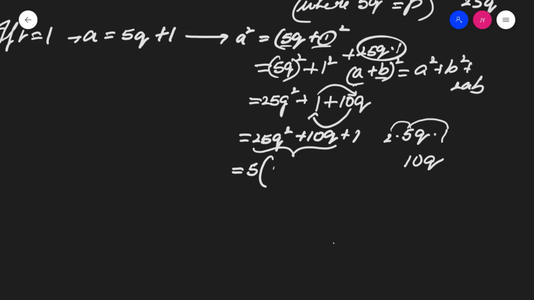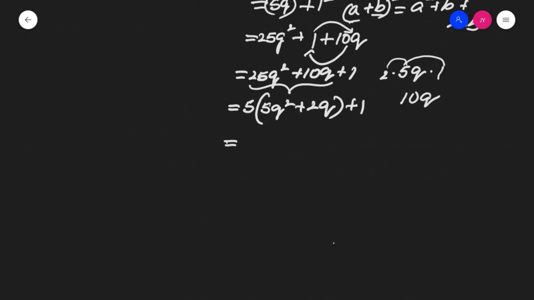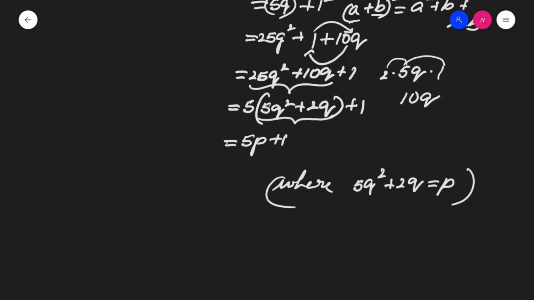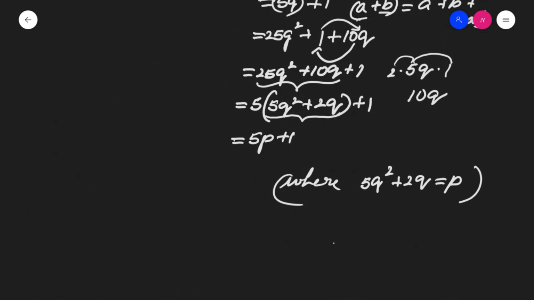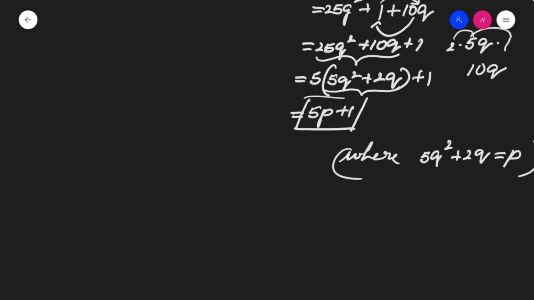If I take 5 common, we'll get 5q square here and 2q here, and this plus 1 here. So let us take this 5q square plus 2q is equal to p here. So 5 into p, 5p plus 1, where 5q square plus 2q is equal to p. Then if r is equal to 1, we've got the value as 5p plus 1.